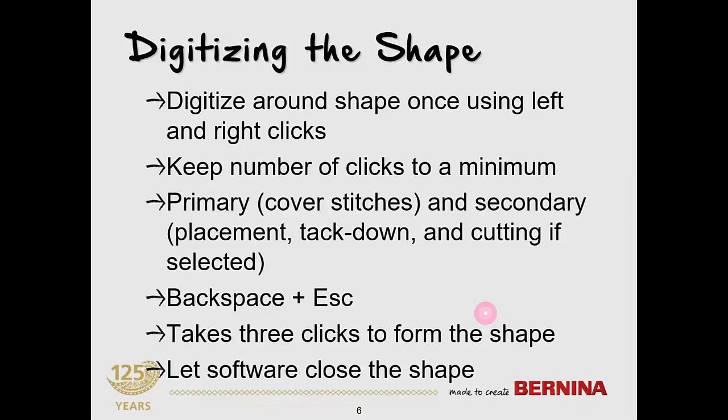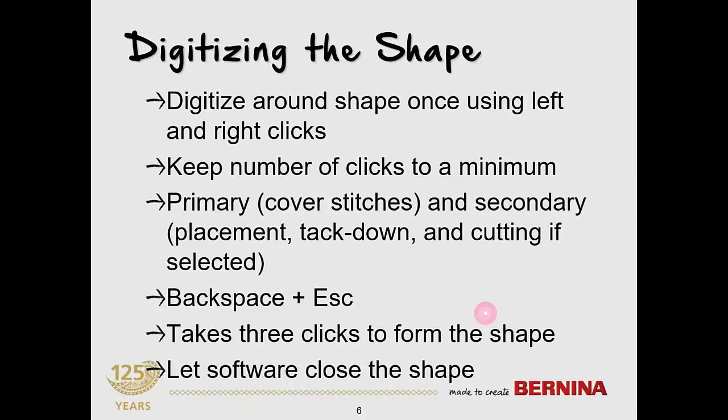Just like with digitizing, you can use the backspace key and the escape key. The backspace key will erase one click at a time, so if you catch yourself that you made a mistake, all you have to do is click the backspace key the number of times according to the number of mistakes you made, and the escape key you use to start over.